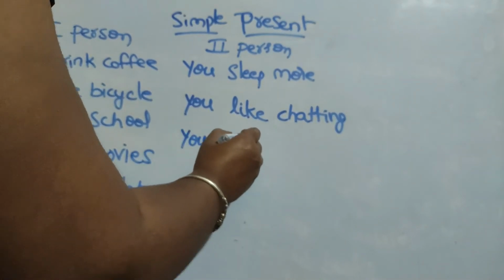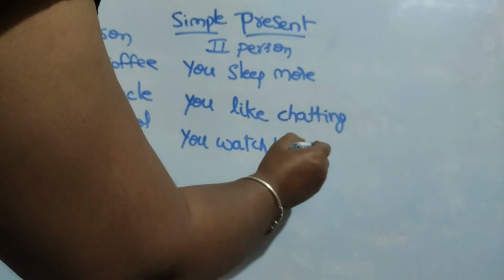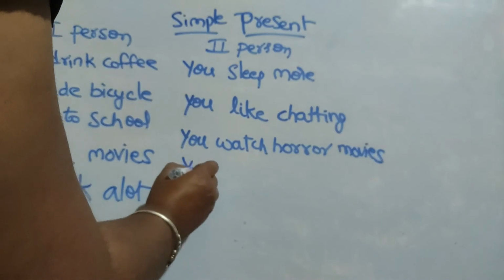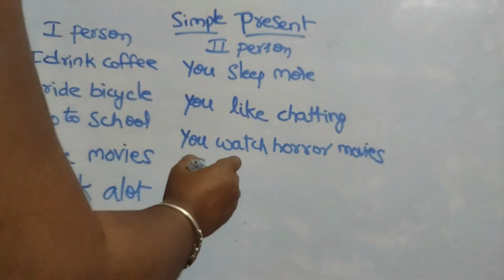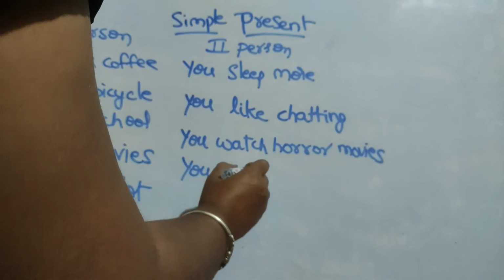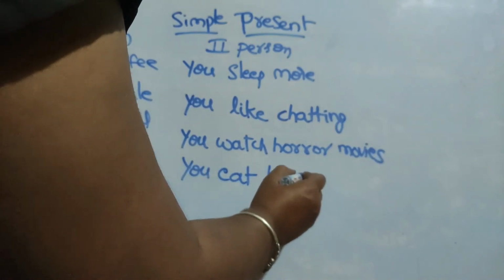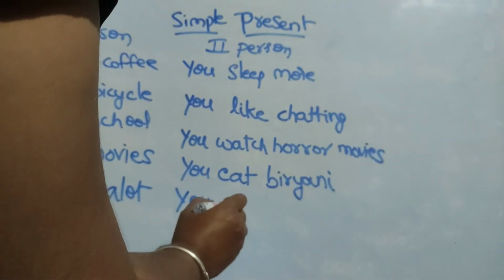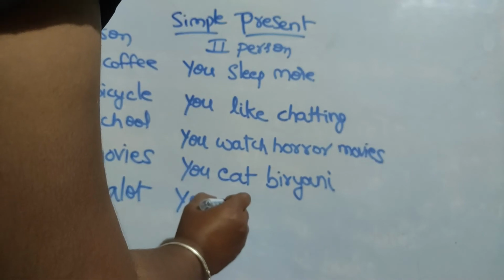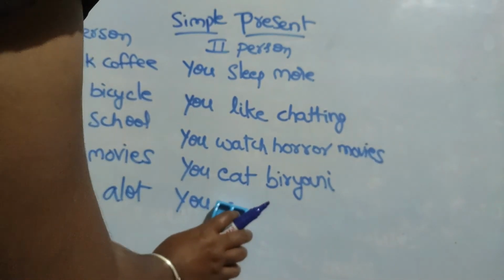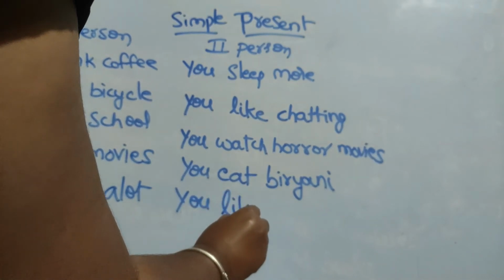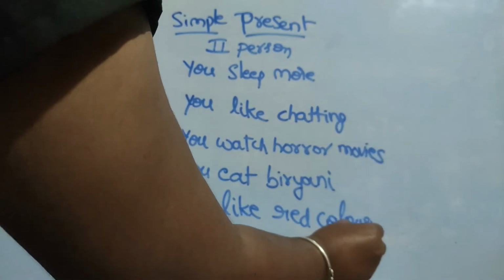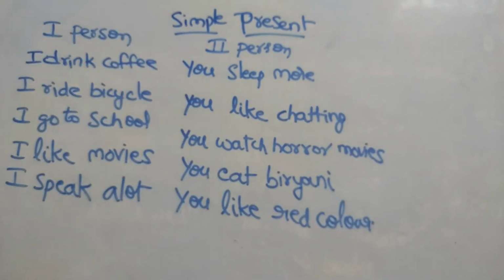You watch horror movies or comedy movies, whichever it is. You eat biryani. You like red color. So these are the examples for first person and second person singular.